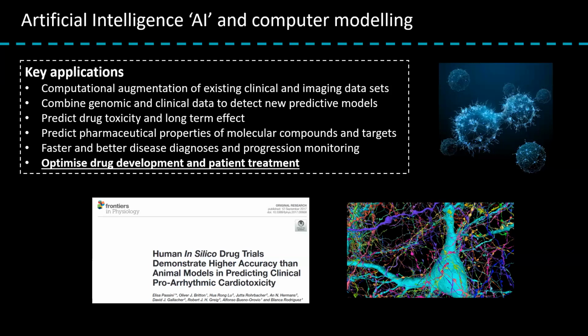So if you take a picture of a human skin with the possibility of a melanoma, the artificial intelligence will be more reliable to say if this is malignant or not, and to predict the evolution of the disease as well. Computer modeling is also used more and more in the pipeline to optimize drug development and patient treatment. It can help anticipate the efficacy of the treatment depending on the patient and depending on the genetic background of the patient as well.